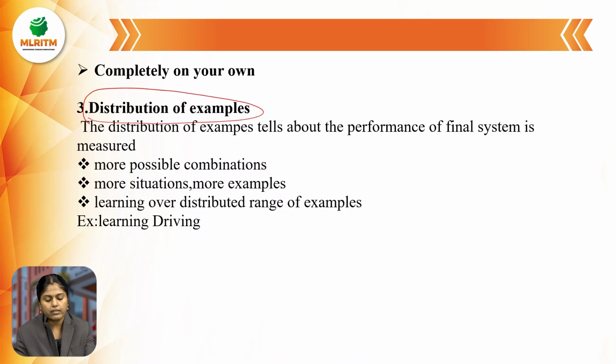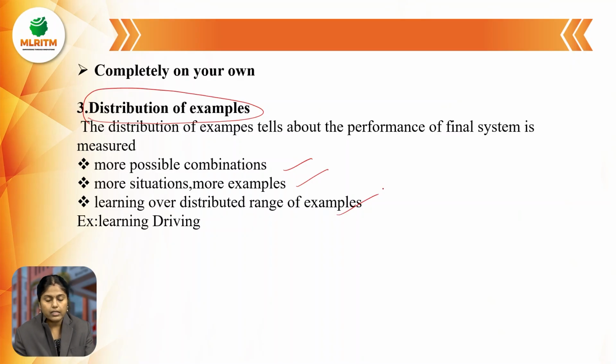Distribution of the examples tells about the performance of the final system. Whatever the final model appears, its entire performance we can see in the distribution of the examples. This distribution of examples is classified into three types.